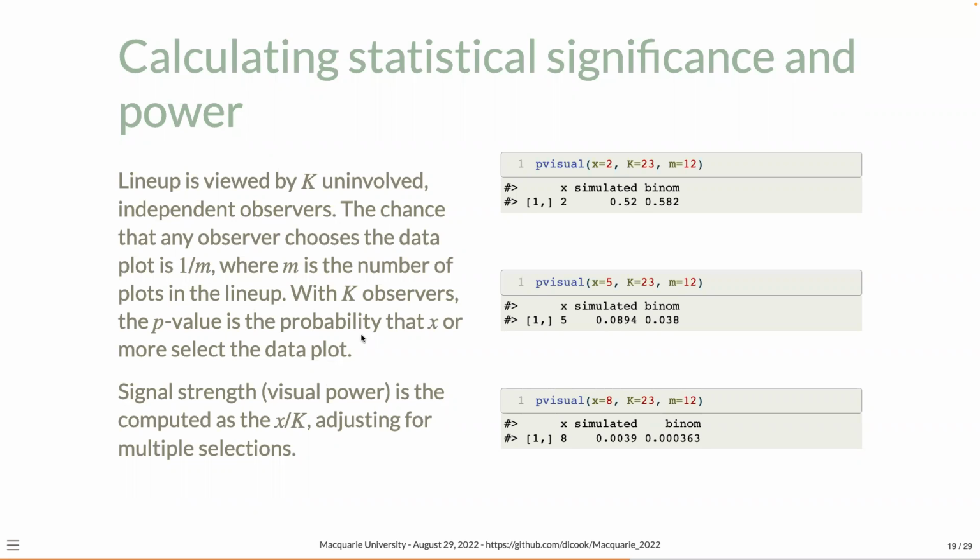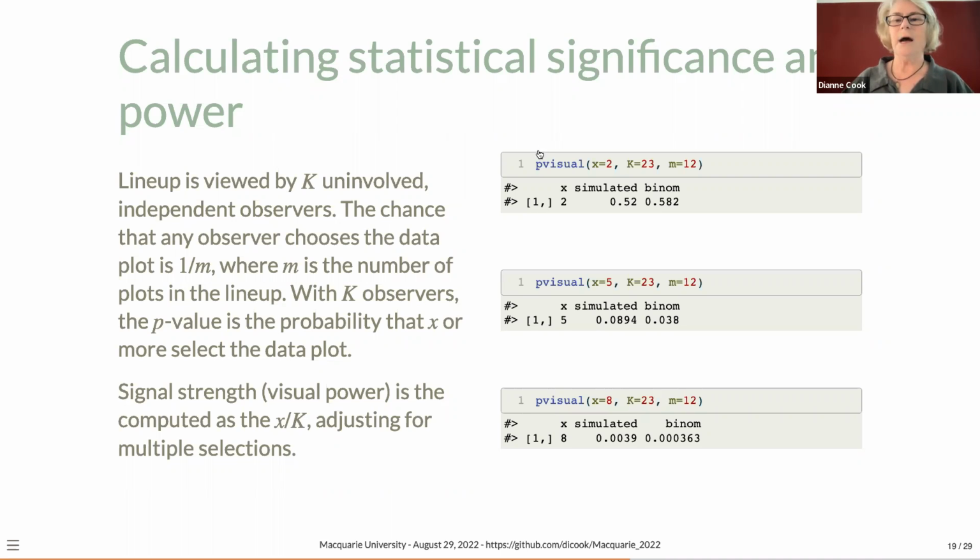The probability that X or more people selected the data plot is our p-value. You could think about that as a binomial distribution, but binomials are a little too simplistic and give slightly too low p-values.